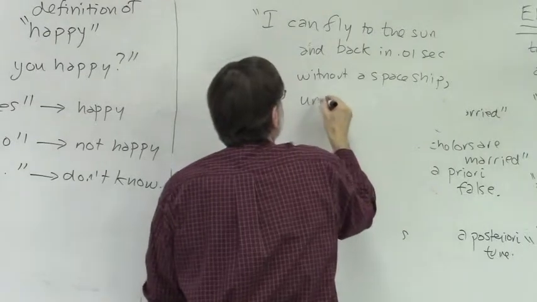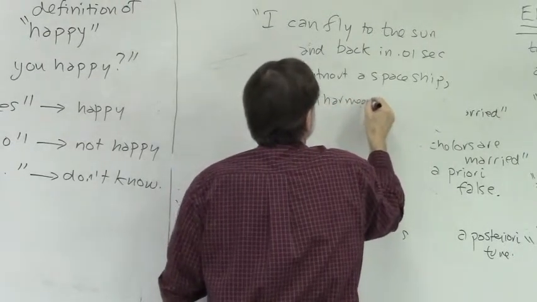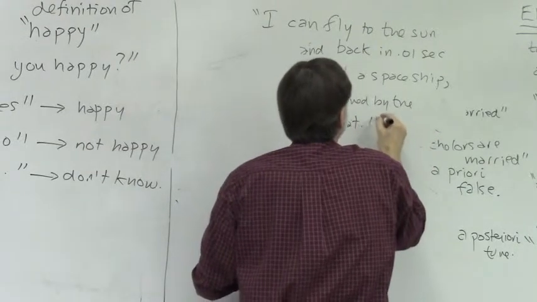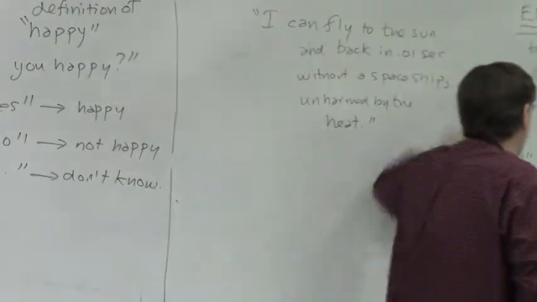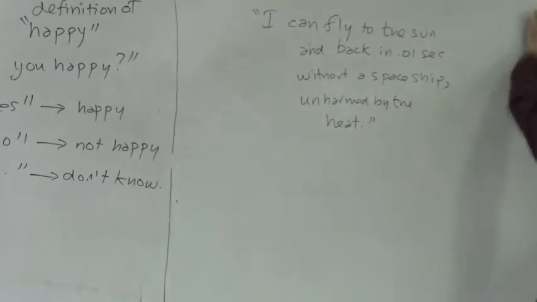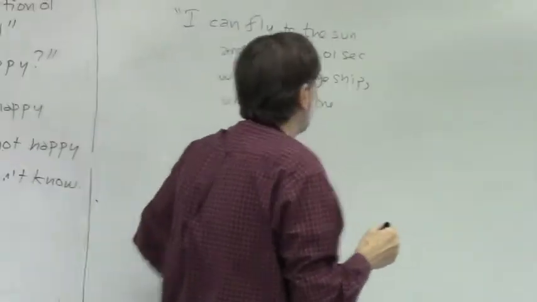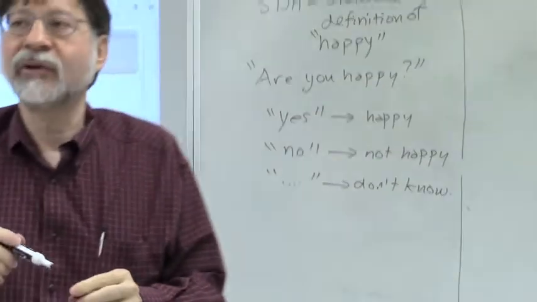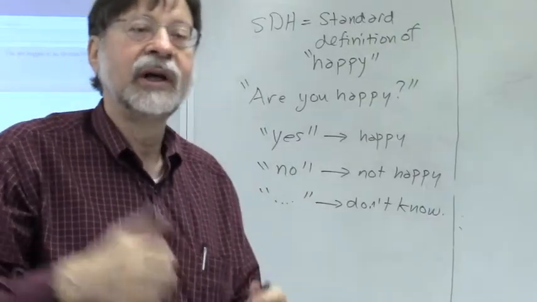Unharmed by the heat. All right, is that a definition, a logical statement, an empirical statement? Is it a priori true or a priori false or a posteriori true or a posteriori false? Why don't you think about it for a second, see if you can figure it out.